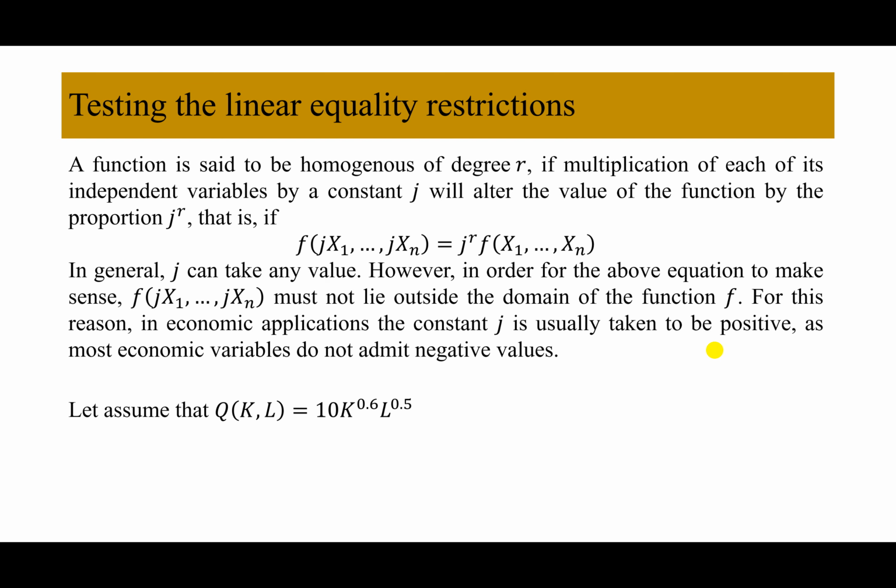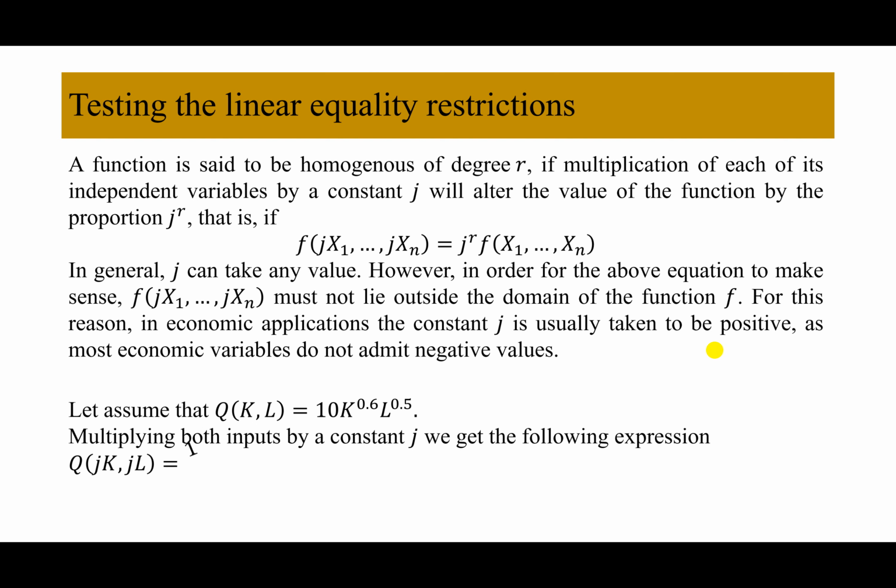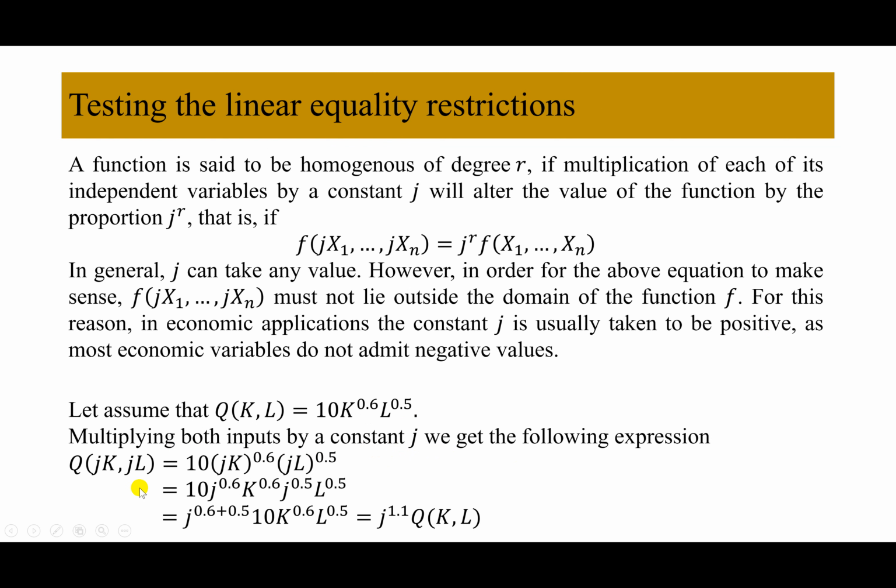So let's assume that q, a function of k and l, equals 10 k to the power 0.6 l to the power 0.5. Multiplying both inputs by a constant j, we get the following expression: q of jk, jl equals 10 (jk) to the power 0.6 (jl) to the power 0.5, equals 10 j to the power 0.6 k to the power 0.6 j to the power 0.5 l to the power 0.5.